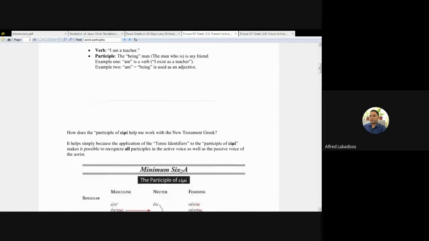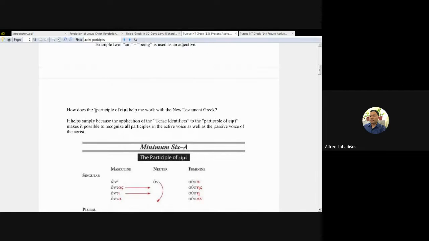Now the question is, how does the participle of eimi help me work with New Testament Greek? It helps simply because the application of the tense identifiers to the participle of eimi makes it possible to recognize all participles in the active voice as well as the passive voice of the aorist.